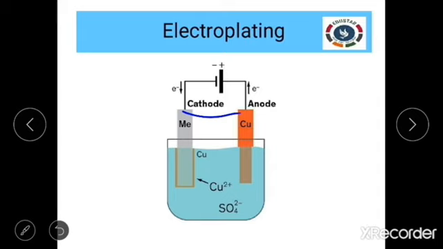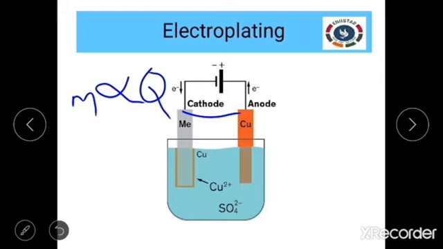So the cathode gets deposited. Here I have taken copper sulfate, so the metal that is going to be deposited is only copper. The amount of copper deposited, that is M, the weight of copper deposited at the cathode, is just proportional to the amount of electricity passed through the electrolyte for a particular time.